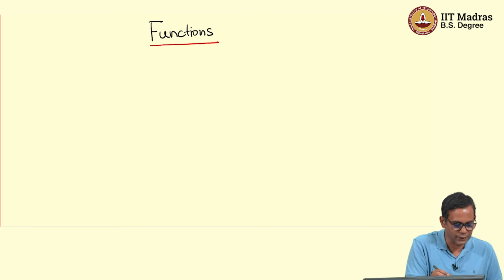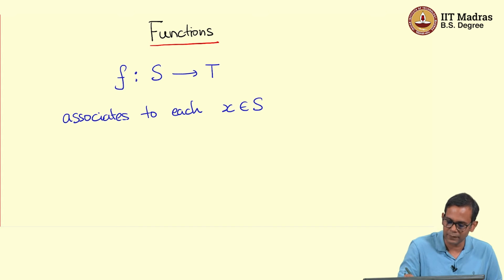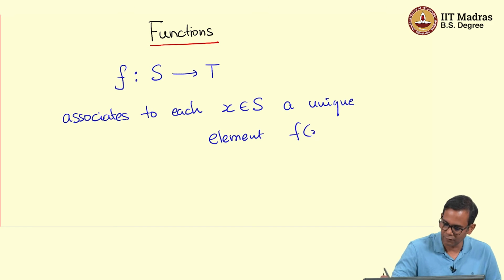So, if you have two sets S and T, then a function f from S to T associates to each element x of S a unique element f of x, an element of T.